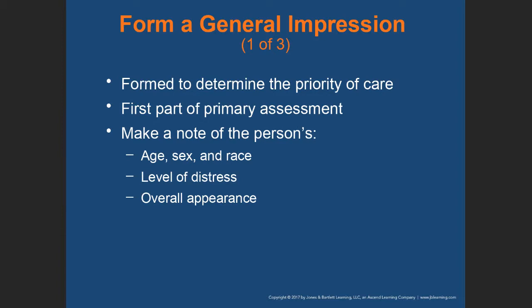And based on the answer to that question, the next question is, how sick or badly injured is this patient? Those are the two questions. You'll be looking at the patient's age, sex, race, position, level of distress, overall appearance. These are things you're going to consider.